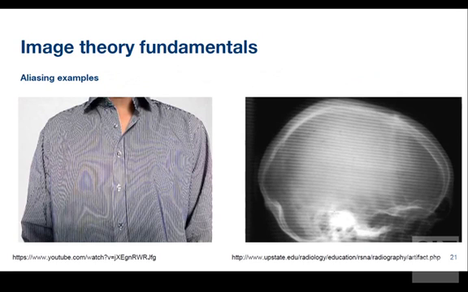I'm sure you've all seen this on TV. Someone will be wearing a shirt with very fine lines, and it goes all wavy and blurry. That's this effect. The highest frequency in that shirt does not meet the Nyquist sampling criteria.